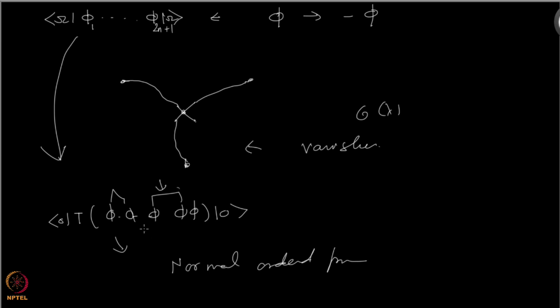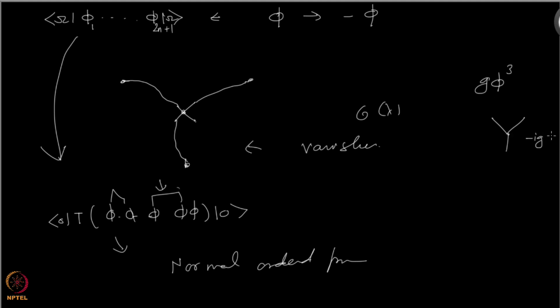So that is the reason why, if you have an odd number of external lines in phi 4 theory, you will get 0. But if you are looking at phi cube theory, where the interaction term has a phi cube, g phi cube, then you will have a vertex minus I g.